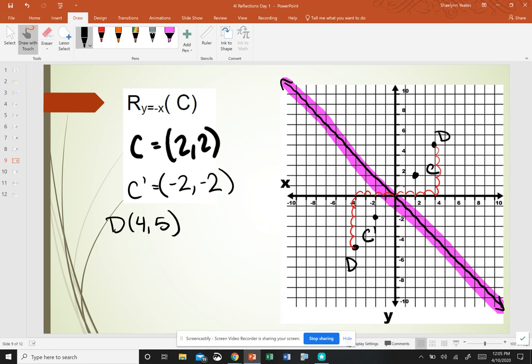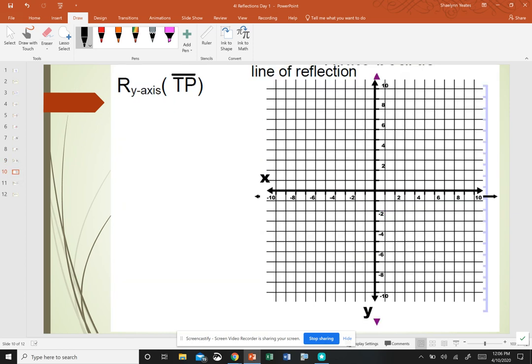If I had actually done it right the first time. And this is now 4 and a little bit away, and it's in the same relation to C. All sorts of beautiful stuff. So then D prime is now at -4, -5. So if you look, we just kept the x and y values exactly the same, but we just switched the signs on both. That's kind of cool.